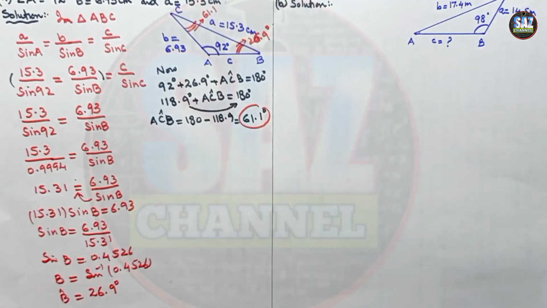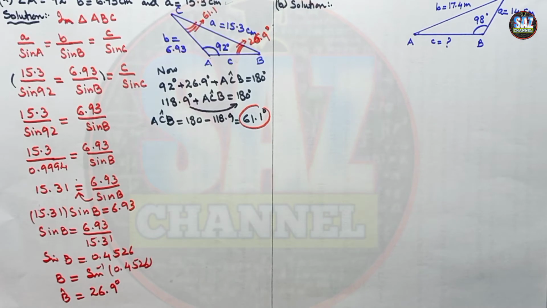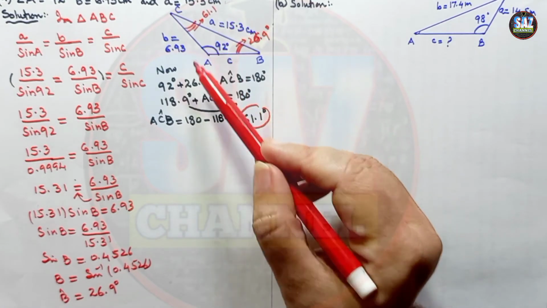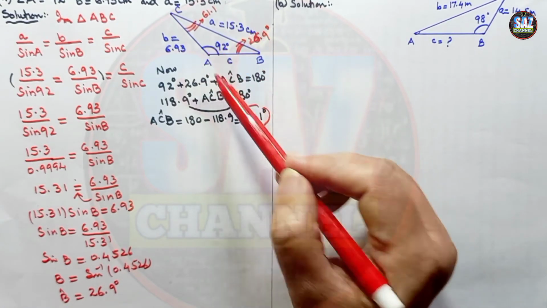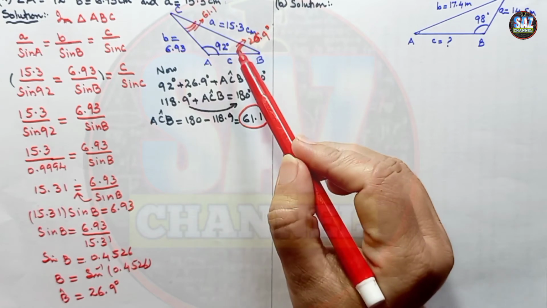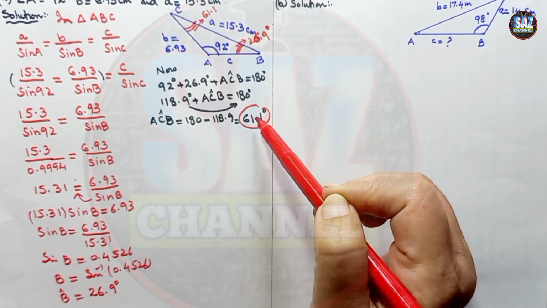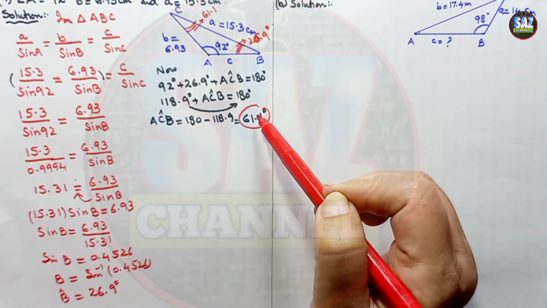Now 92 plus 61.1 plus 26.9 gives 180 degrees. After finding all three angles, you can add them up, and if they give 180 degrees, it means your answer is correct.